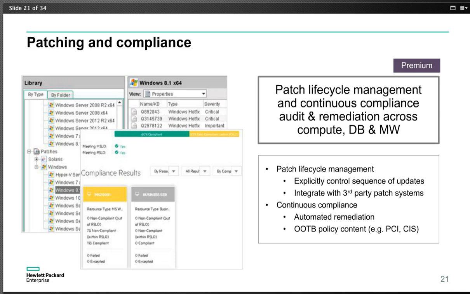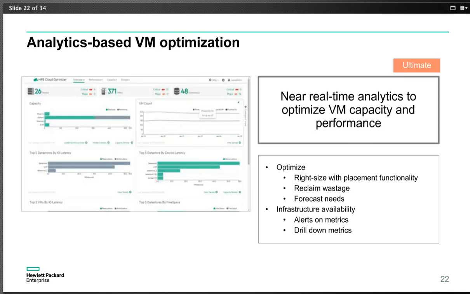So with that, let me move to the ultimate tier. This is really a new functional space that we are starting to carve out with the DCA solution. Over a period of time, we've recognized that with the act of provisioning and patching the infrastructure, we are able to capture a lot of data about the infrastructure environment.